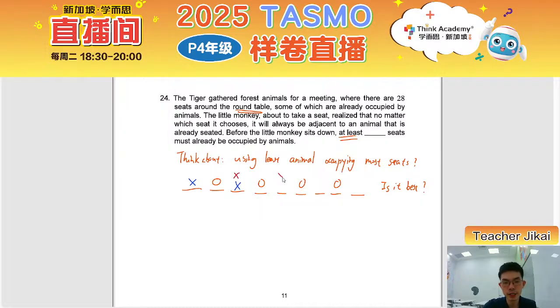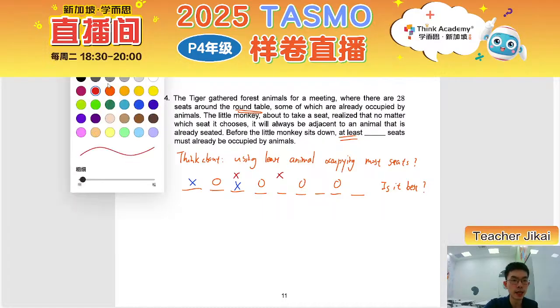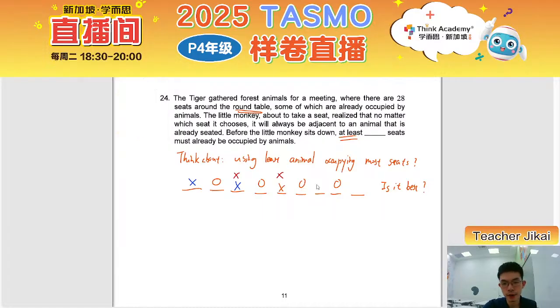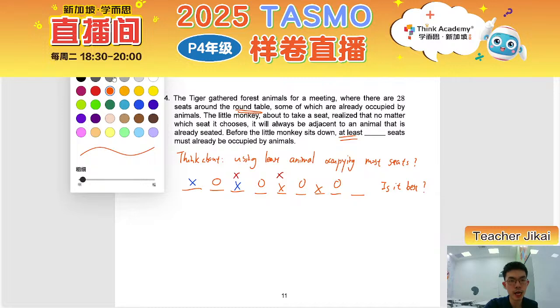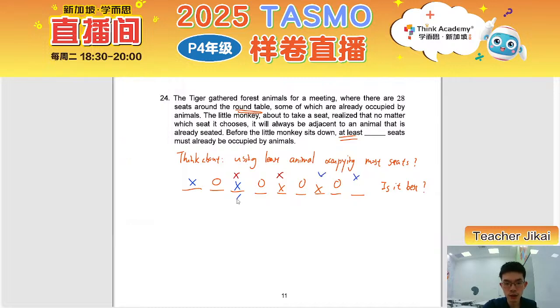They have adjacency like this. And the third one here, and the fourth animal here. So you can see these 3 seats have overlapped vacancies, which means we have a waste of seats. So why not make the animals sit a little bit further apart?